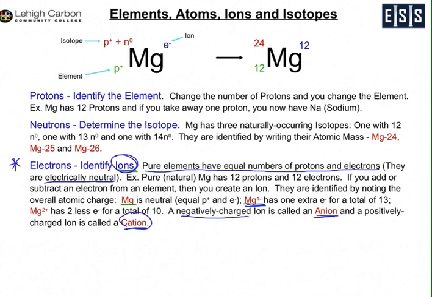If they're positive, you call them a cation. If it's negative, you call it an anion. So that's one other level of nomenclature you need to understand when we talk about ions. So that reviews all the different ways that you can represent an element and its atoms and vary the amount of protons, neutrons, and electrons and get the different isotopes and ions. Thank you.